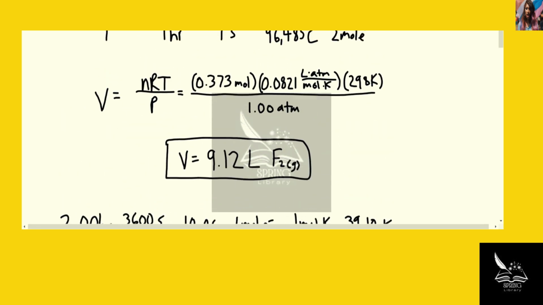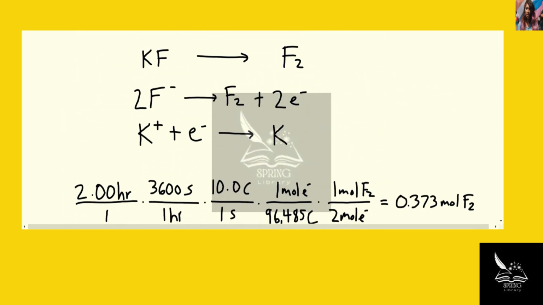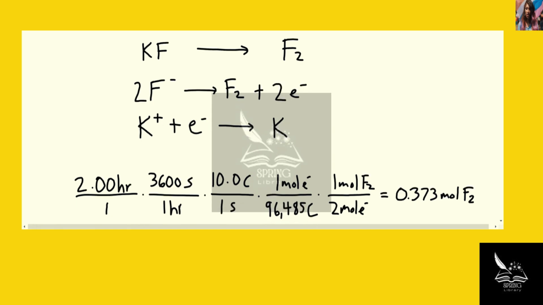And we also want to determine in which compartment of the cell each one of these reactions take place. Well, we see that F- was oxidized into F2 gas, and K+ was reduced into solid potassium. We know that oxidation occurs in the anode and reduction occurs in the cathode.